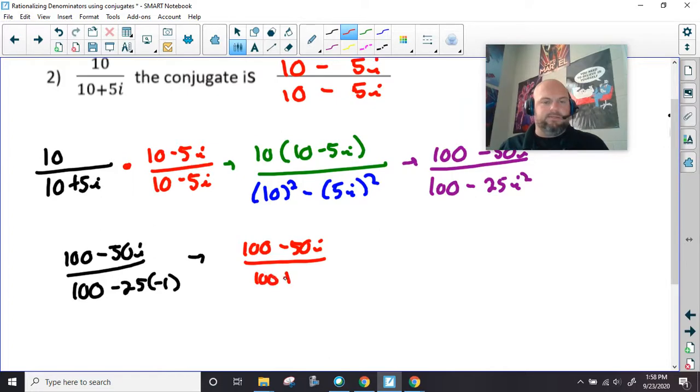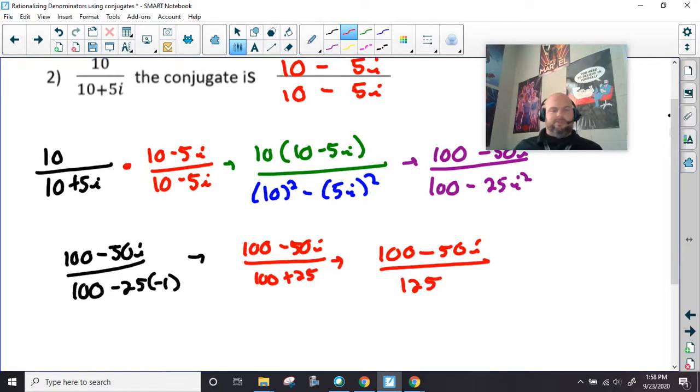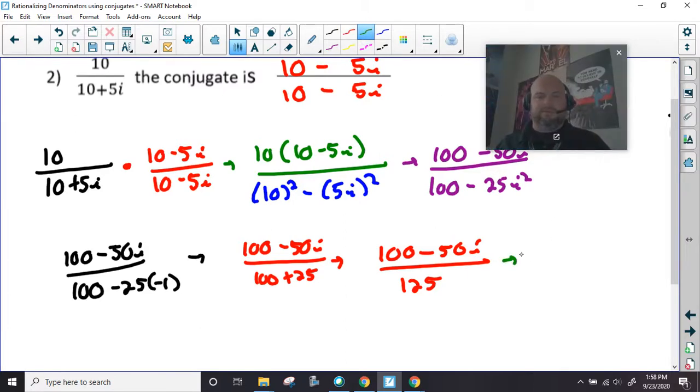So 100 plus 25. Now, you can reduce this down because this is 125. You can reduce it down some more. I know we can take a 5 out of everything. So if I took a 5 out of 100, I'm left with 20.